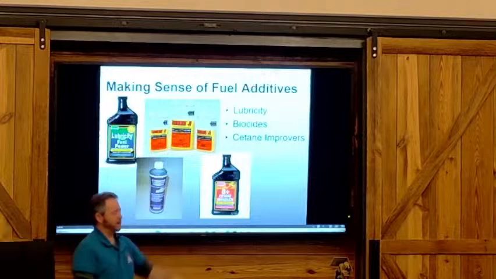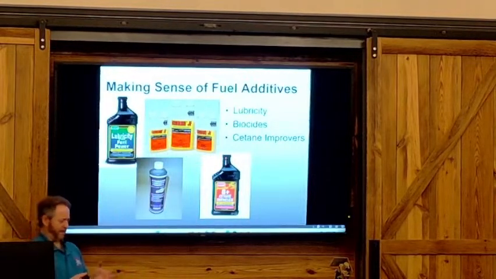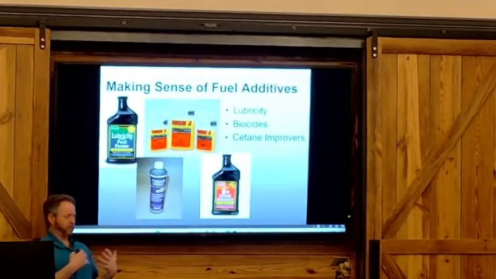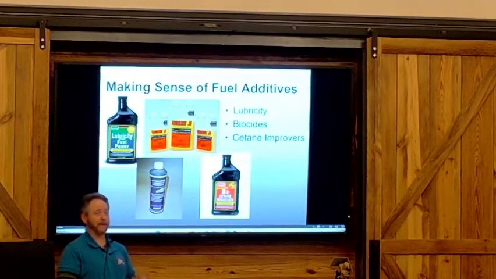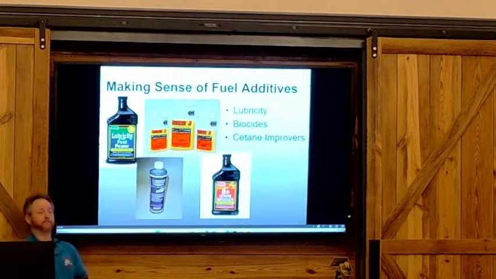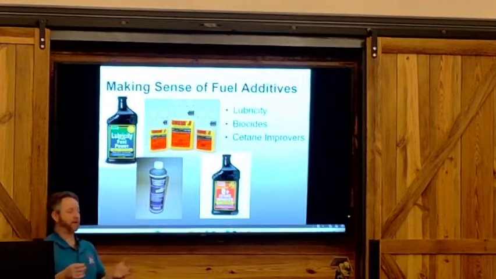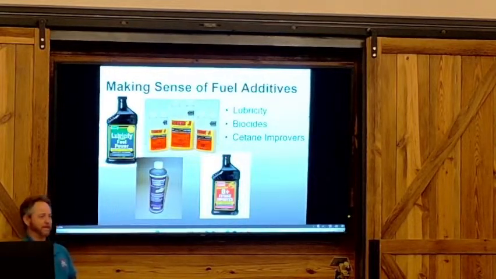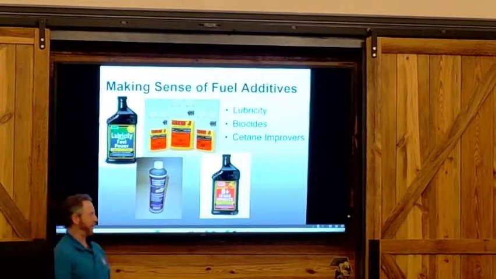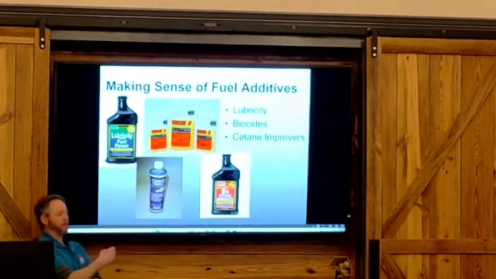Biocides. So in diesel fuel, there's things that can grow in your fuel. They're microbes. West Marine will tell you it's algae. But algae requires sunlight. So last I looked, we don't have sunlight in our fuel tanks. So we have microbes that grow in our fuel.